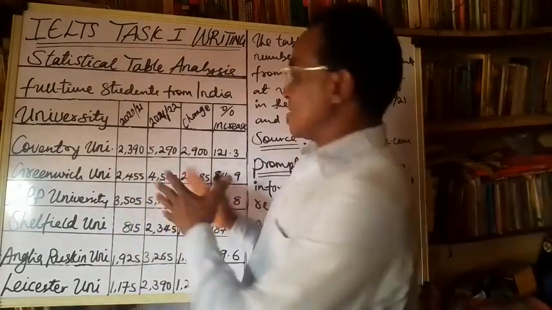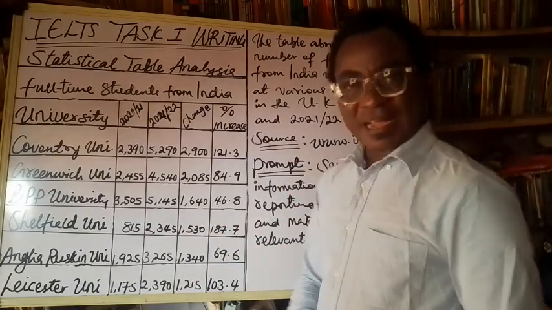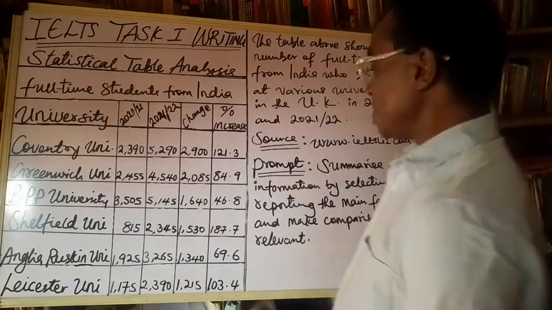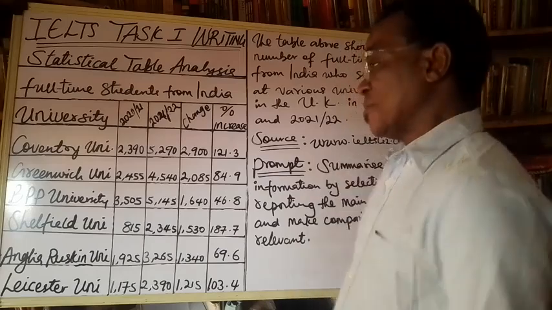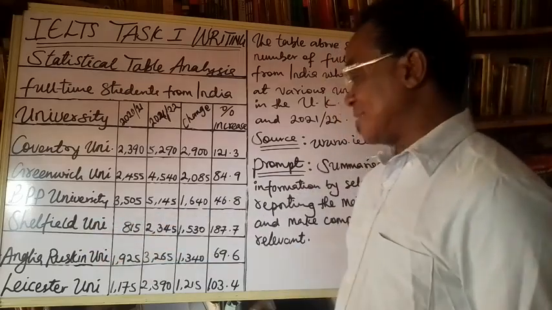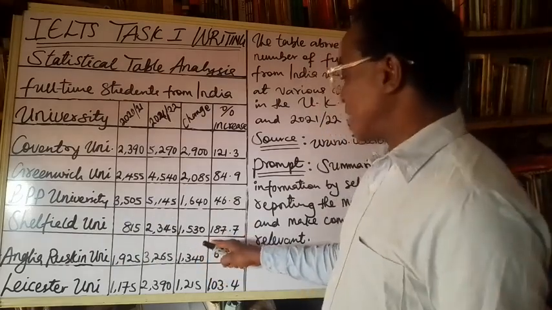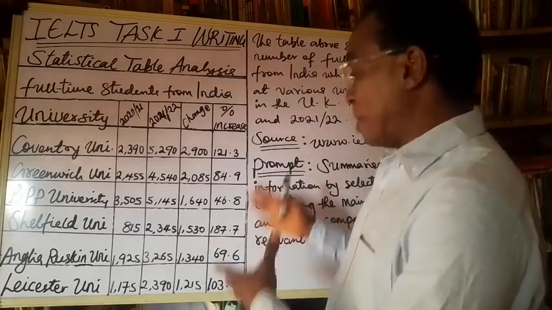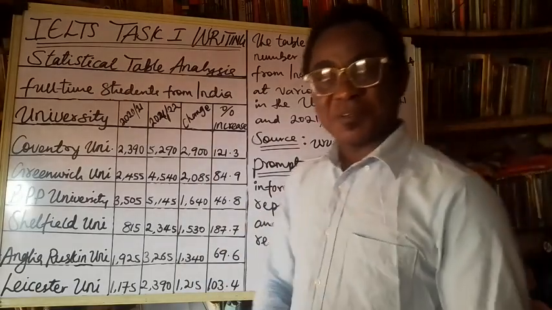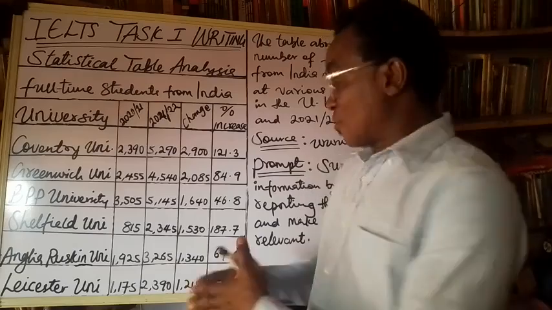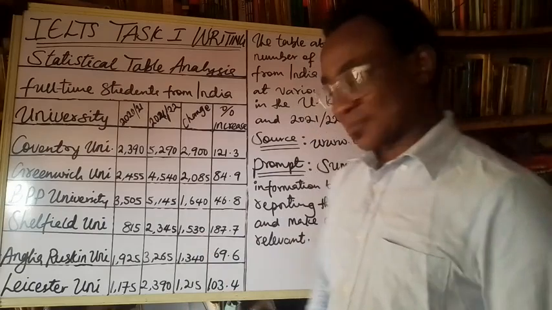Now, let us take a further analysis, a more detailed analysis of the table. The table indicates that Sheffield University at 185.7% had the highest number of Indian students enrolled into it in the period we are studying.